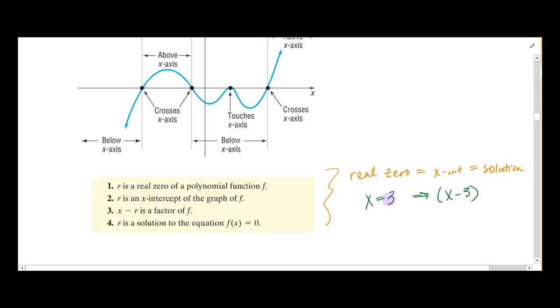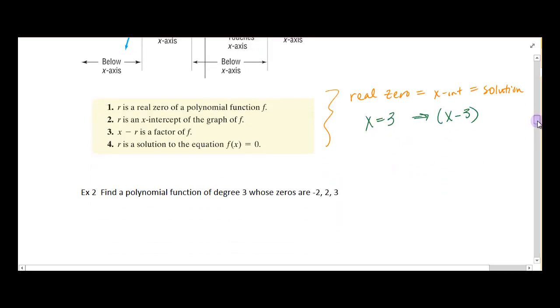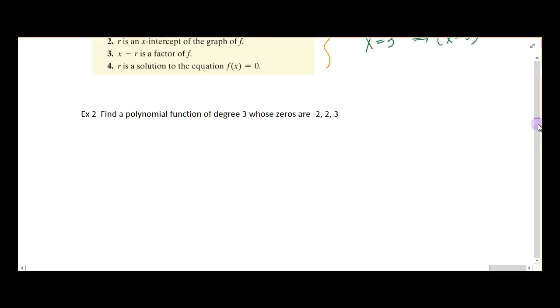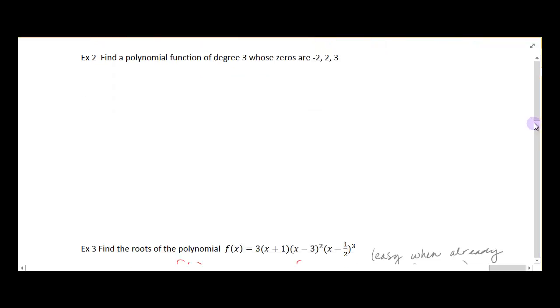Notice that it's a positive 3 here for the solution, but it's minus 3 when we write it in its factored form. The way that we've been able to solve or find x-intercepts in the past with quadratic functions is to either factor or do something like that. So that's the idea for what we are doing.